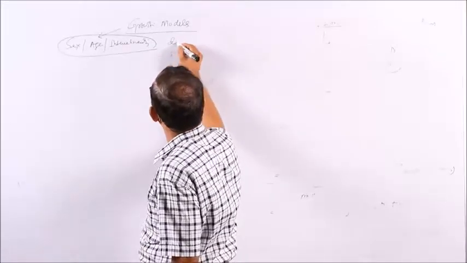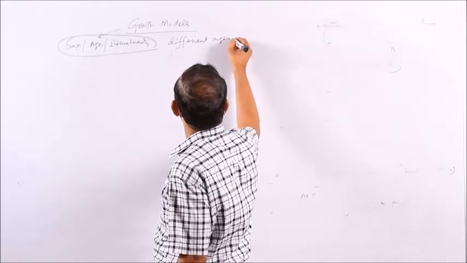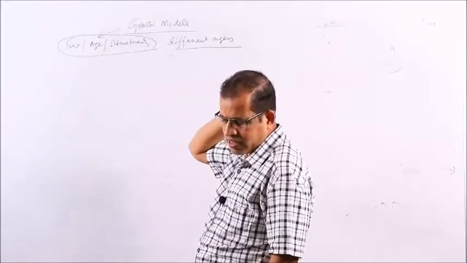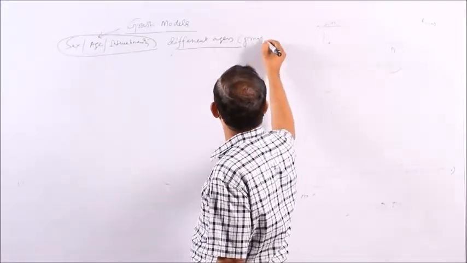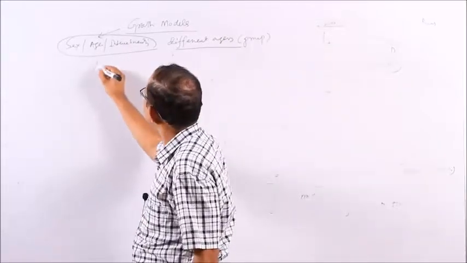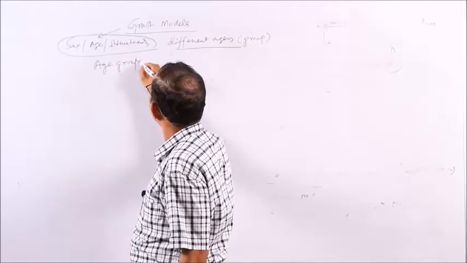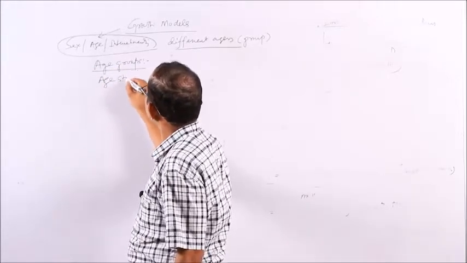That means the individuals in a population will be at different ages, or you can find them in groups. That we call the age group, or the age structure.